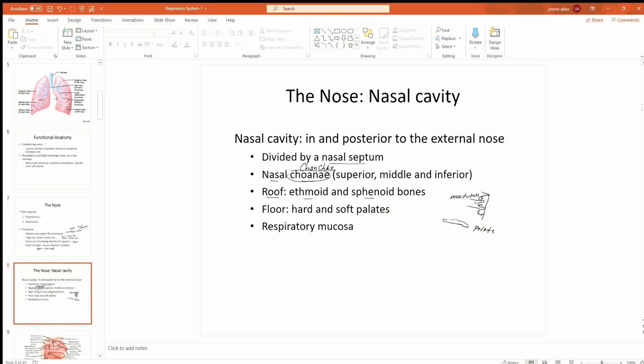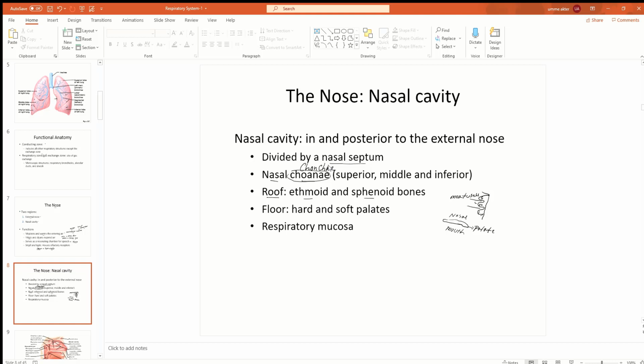You can touch the palate. You put your finger inside your mouth and move up, or you can touch the roof of the mouth with your tongue. So this is the mouth, or oral cavity, and this is the nasal cavity. Okay, so this is the palate.